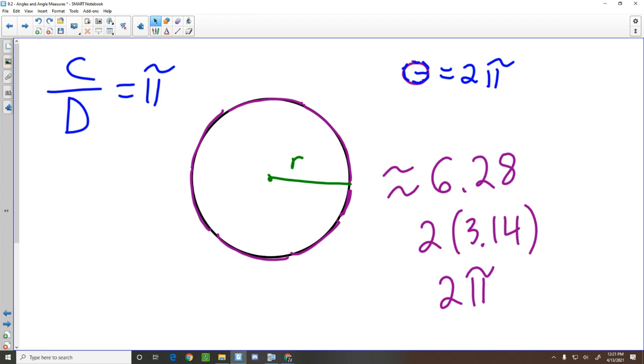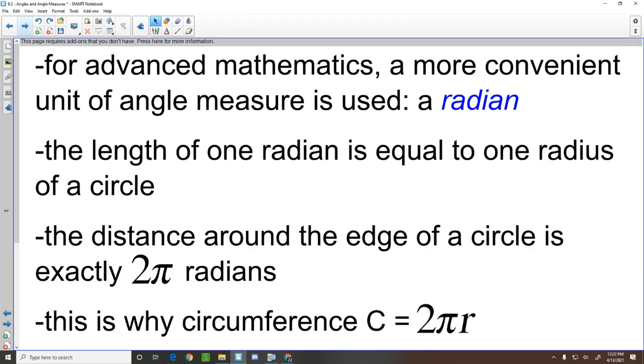And then it also turned out that if you take the radius of that circle and you wrap it around the edge of the circle, one complete rotation around that circle is 2 pi radiuses, or 2 pi radians. So that's where the word radian comes from and what that measurement represents.